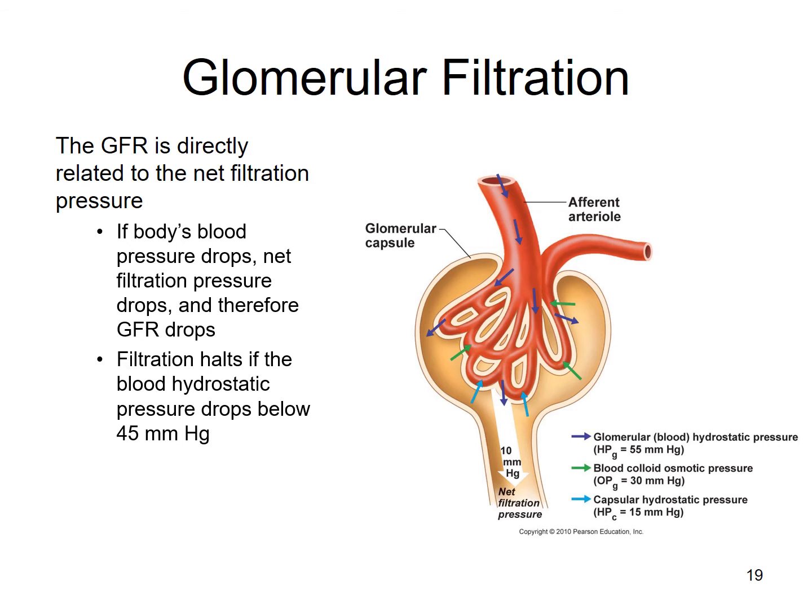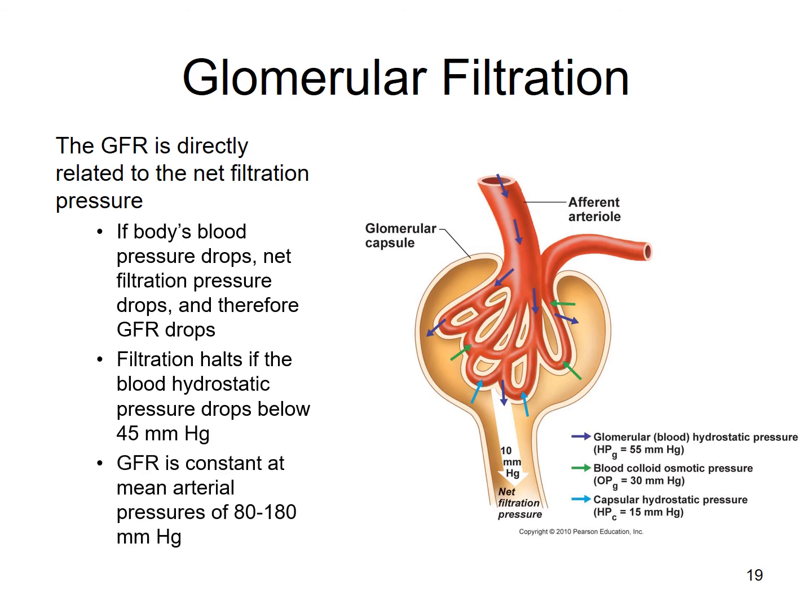So that means that if your glomerular hydrostatic pressure drops, the purple arrows again, drops below 45, the opposing forces are too much for any fluid to leave the capillaries, and it just continues on through the circulatory system. So filtration will halt if the blood hydrostatic pressure drops below 45.